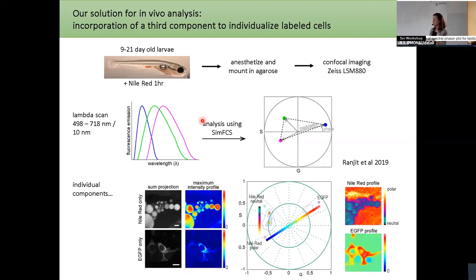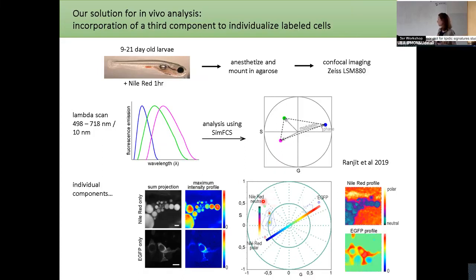Here I show you, we first analyzed the individual components. And here there are some images. We first analyzed wild type larva stained with Nile Red. So we get a cloud of pixels in this region that follow a linear distribution, meaning that these pixels within this line will have a combination of more neutral lipids and more polar lipids.